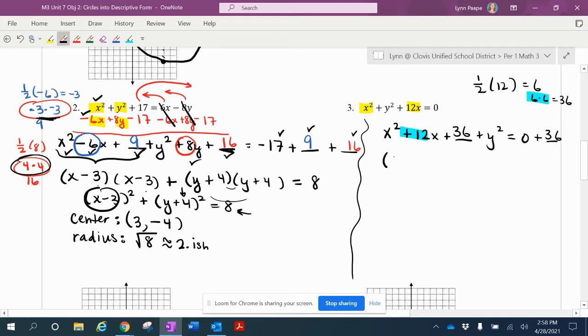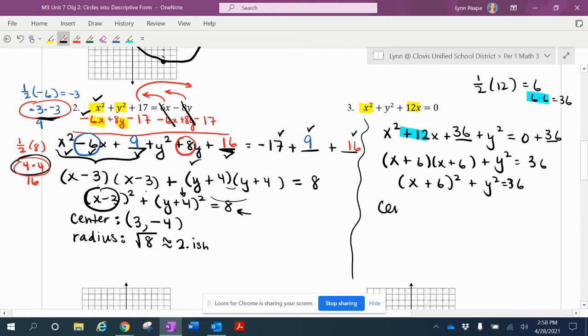So I will have x squared breaks up to x and x, and then it's positive 6 and positive 6. And then I just have that y squared, and then 0 plus 36 is 36. And then x plus 6 times itself is the same as x plus 6 squared, and then plus y squared is equal to 36.